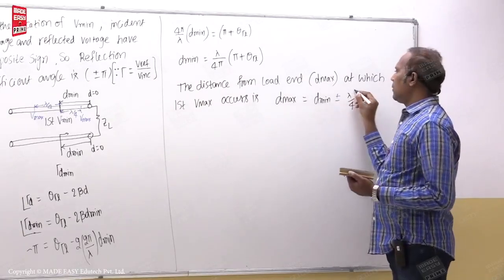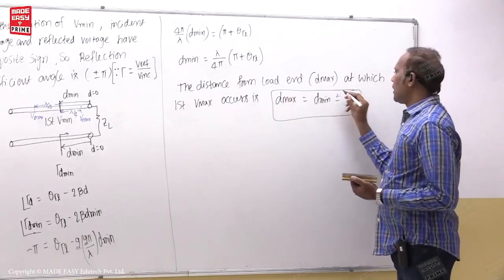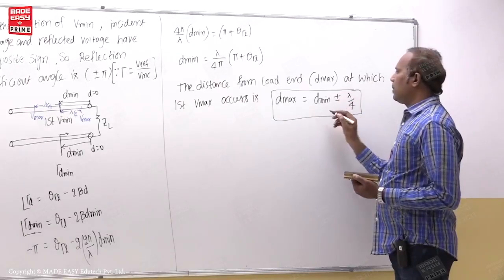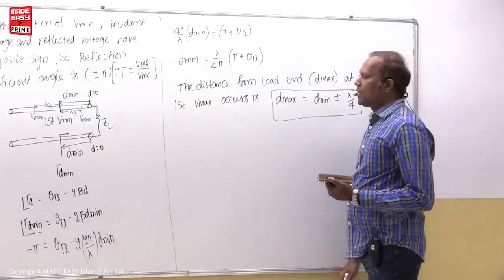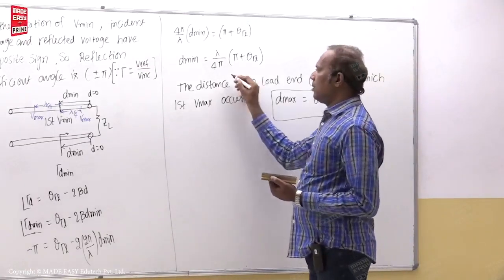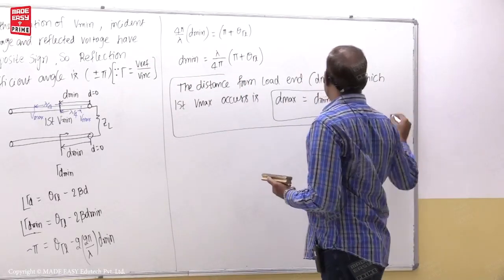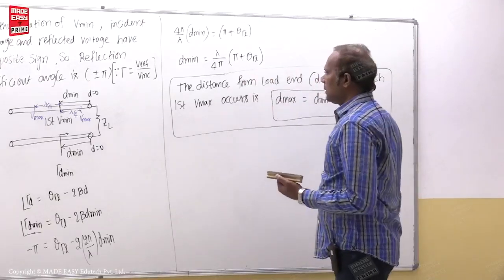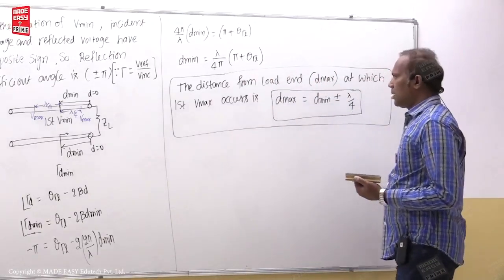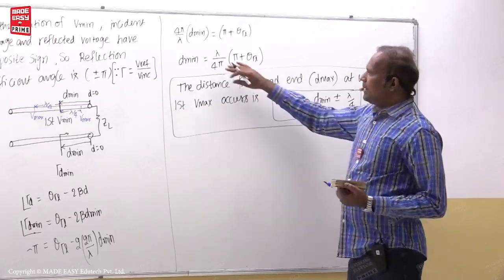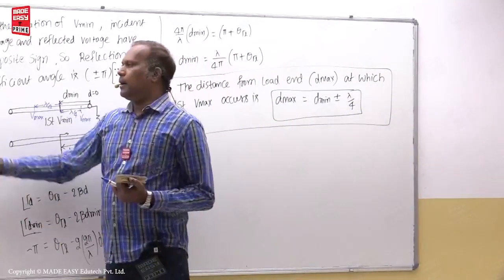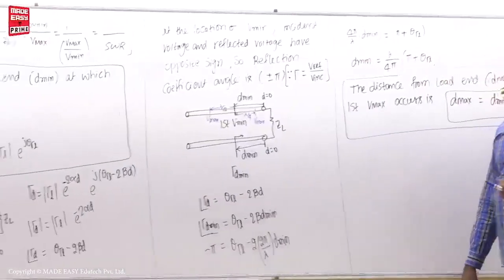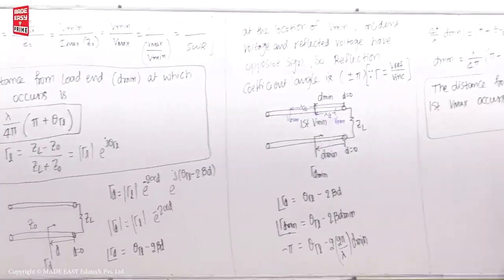You already know the D minimum formula, you find D minimum, then take plus or minus lambda by 4, and you get the first voltage maximum location. This is the derivation, you don't need to bother about it. You remember this formula, and theta gamma L is calculated from the reflection coefficient at load.